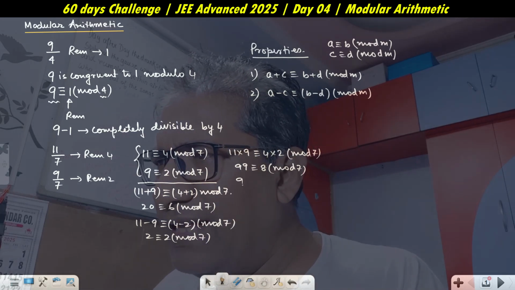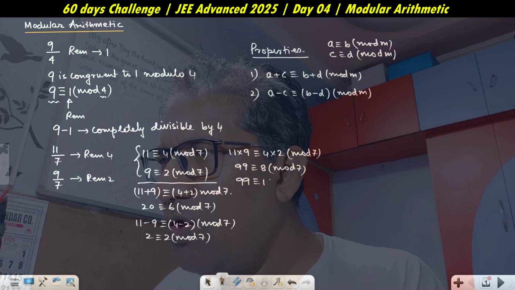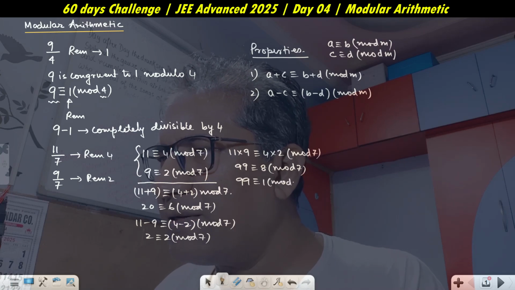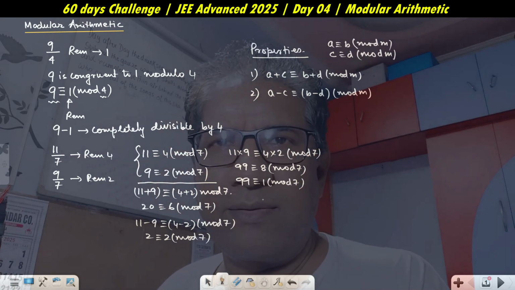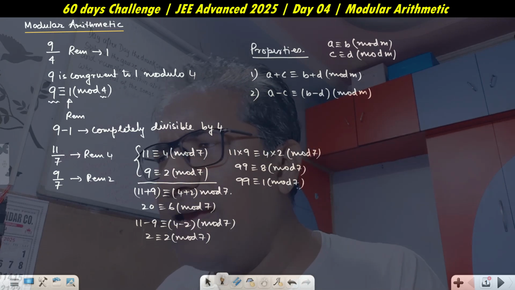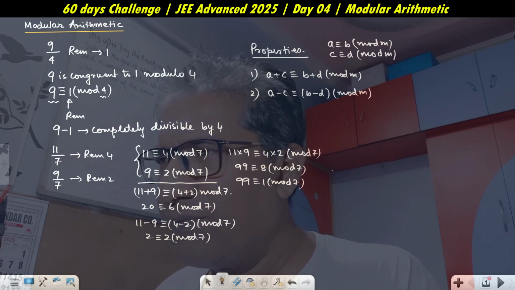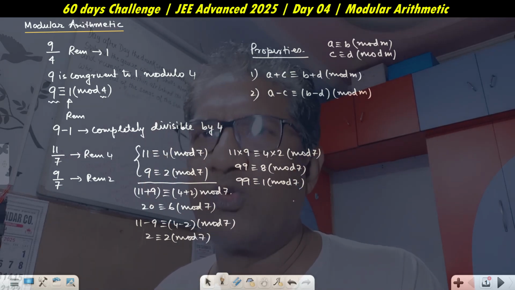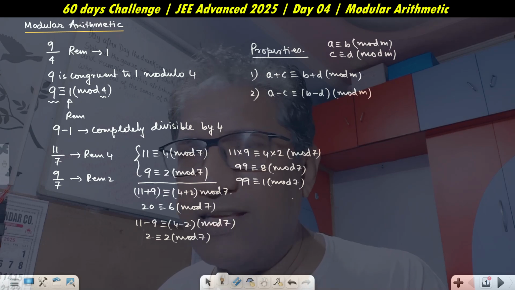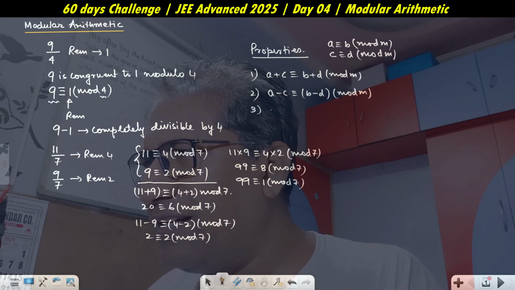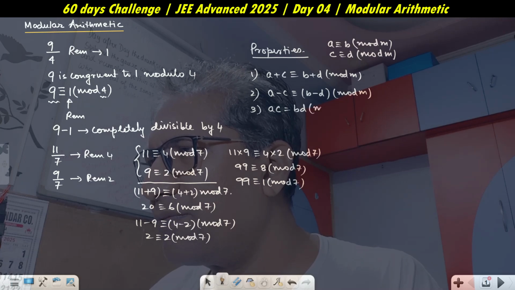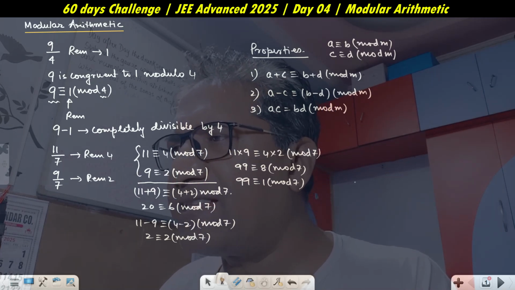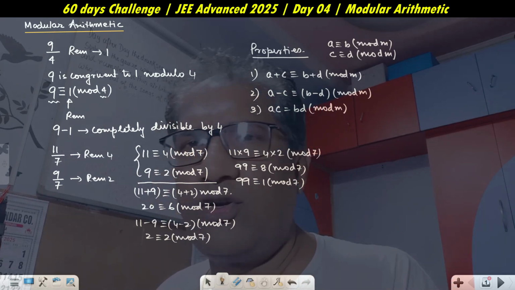Therefore, the remainder in this case will be 1 modulo 7. Is it correct? Absolutely. When 99 is divided by 7, the remainder is 1. Hence, this property is true. So the third property states that you can multiply the corresponding sides to have AC is congruent to BD modulo M, right?